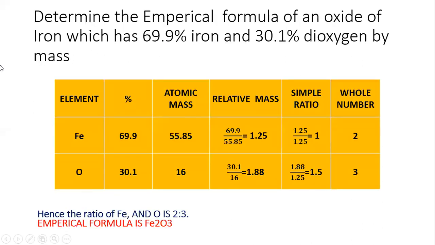Next, determine the empirical formula of an oxide of iron which has 69.9% iron and 30.1% dioxygen by mass. तो यहाँ टेबल बनेगी एलिमेंट, परसेंटेज, एटॉमिक मास, रिलेटिव मास, सिंपल रेशियो, होल नंबर. एलिमेंट में लेंगे आयरन और ऑक्सीजन, इनके परसेंटेज दिए 69.9, ऑक्सीजन का दिया 30.1, एटॉमिक मास 55.85, ये आयरन का होता है, और एटॉमिक मास ऑक्सीजन का 16. रिलेटिव मास कैलकुलेट करेंगे तो 69.9 divided by 55.85, that will be equal to 1.25.